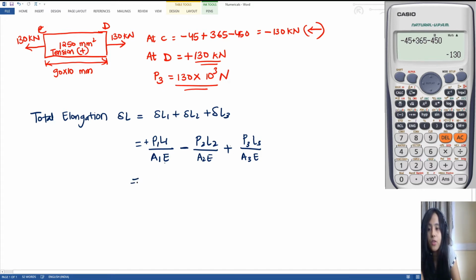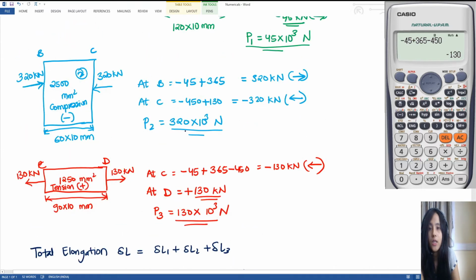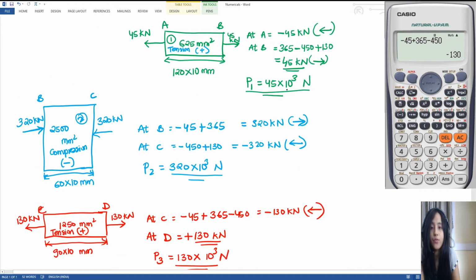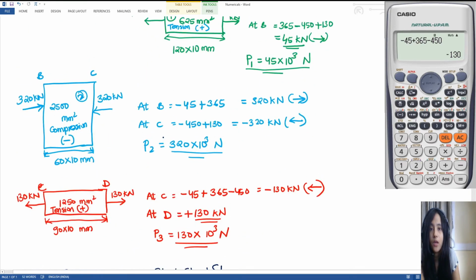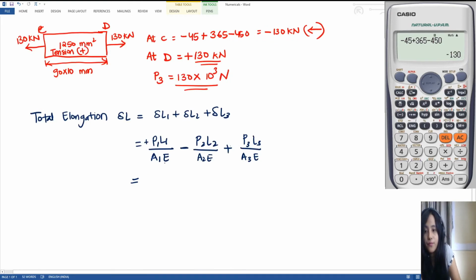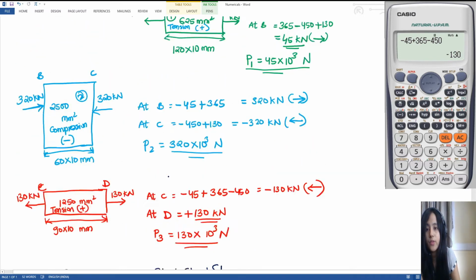Now let us put the values. P1 was equal to 45 into 10 raised to power 3, and L is 120 into 10, divided by its area A1. How much was its area?